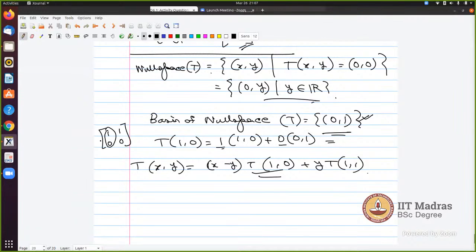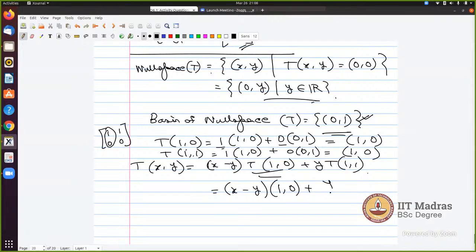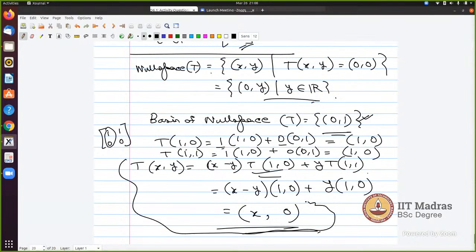That's why you have written those in columns. So this is 1 comma 0, and T of 1 1 is again 1 comma 0. So this is X minus Y times 1 comma 0 plus Y times 1 comma 0. This is the transformation we got back, right? So same thing, it doesn't matter.